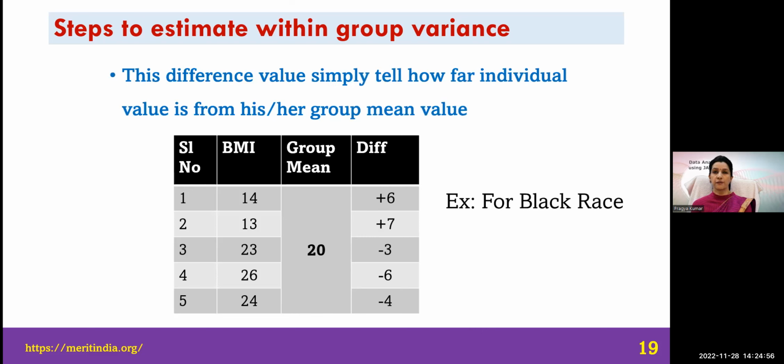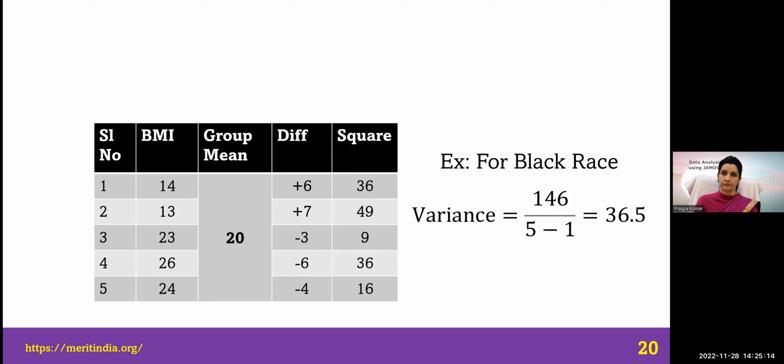This difference simply tells us how far the individual value is from the group mean value. We square it and total it, which is known as the sum of squares. Then in the denominator, we divide by the number of individuals minus 1. This is the variance.